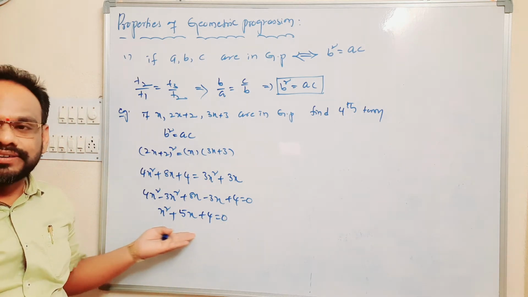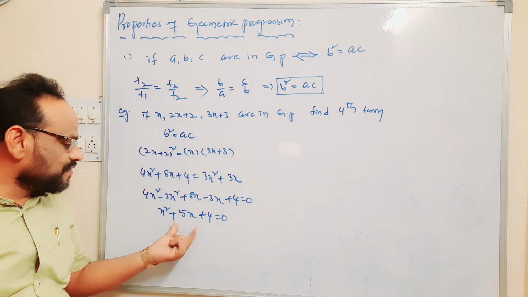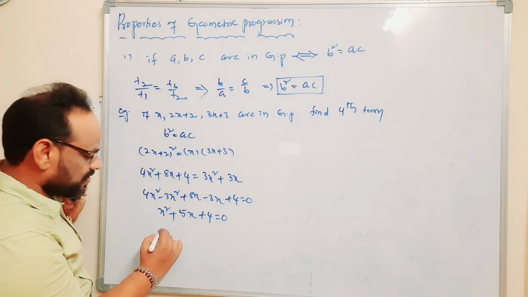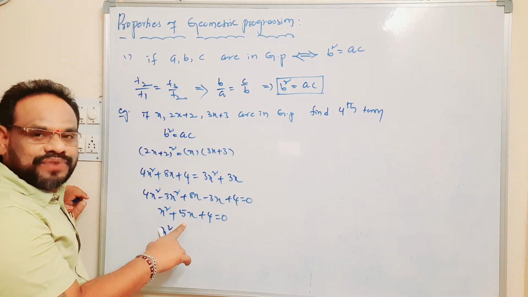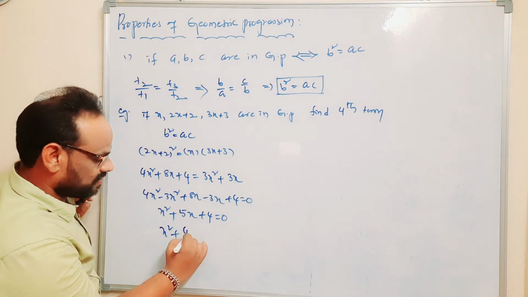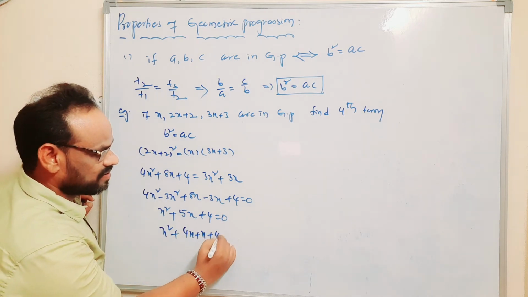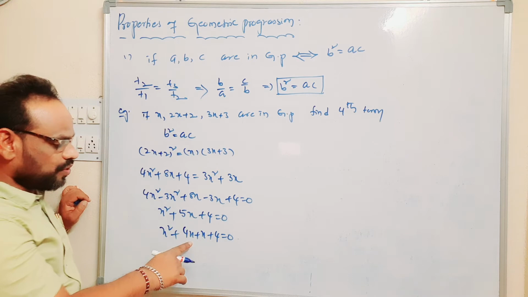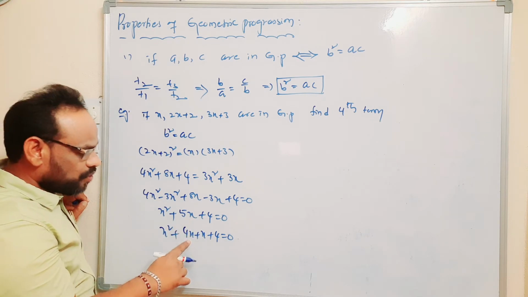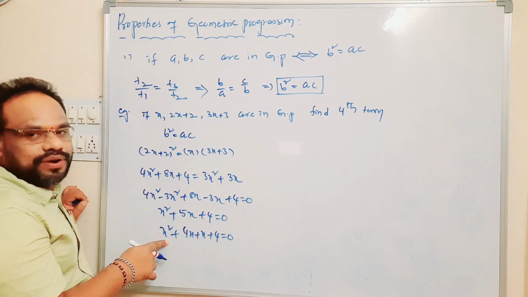We get a quadratic equation. Factorize this. Observe here, x square plus 5x plus 4 can be written as x square plus 4x plus x plus 4 equal to 0, since 4x plus x is 5x and 4x into x is 4x square.